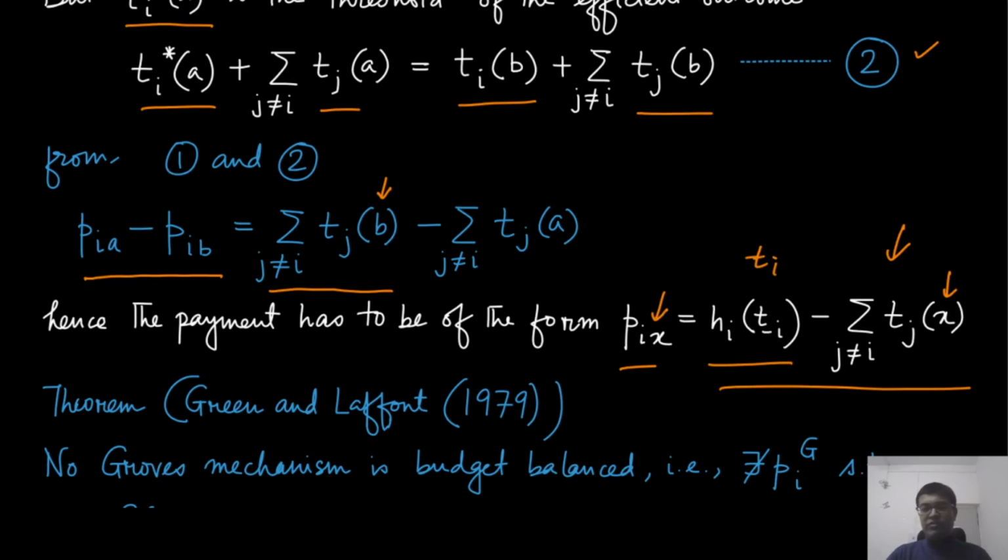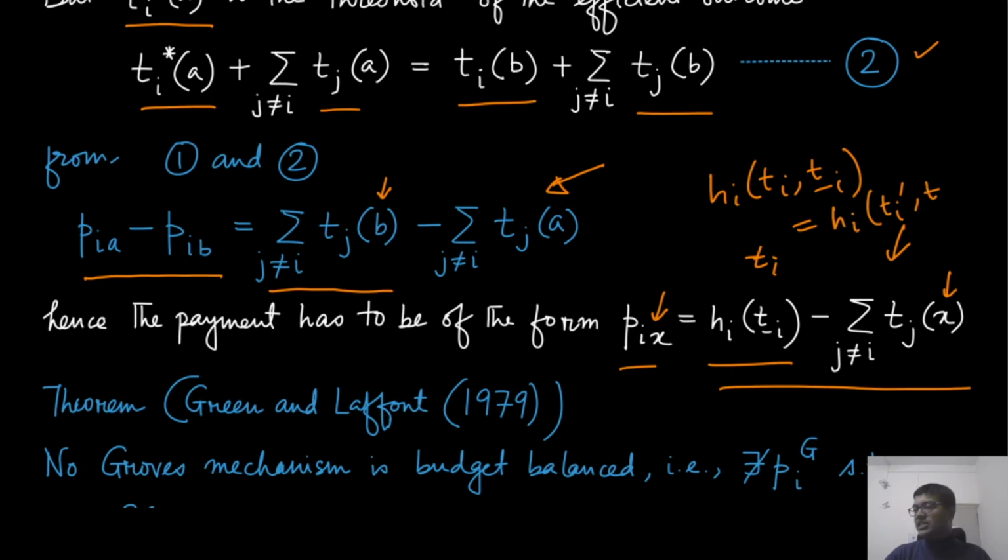Because if it was dependent on t_i, then we know that this equality cannot hold, because the payment at A, the type that gives the efficient outcome of A, is different from the type which gives the efficient outcome as B. So therefore, if it has to cancel on both sides, it better be the same. So h_i, even if it was a function of t_i and t_minus_i, it has to be the same on both these sides.